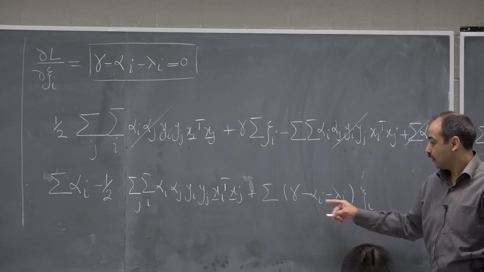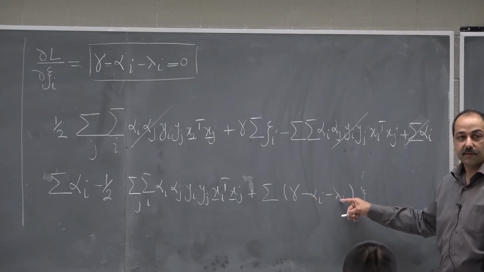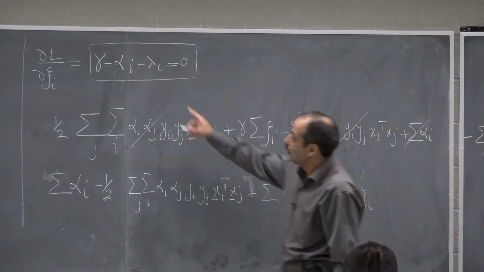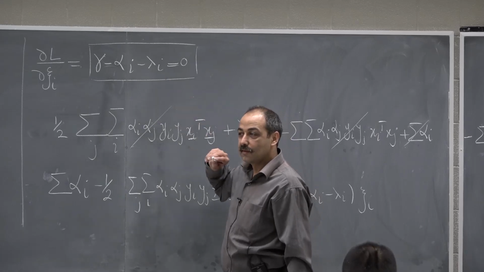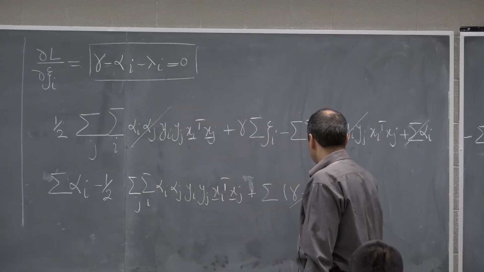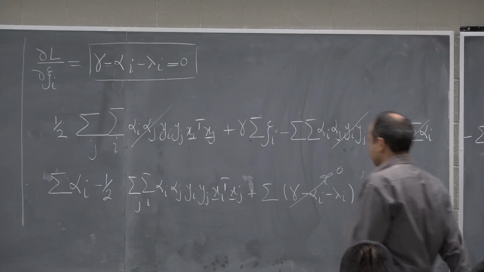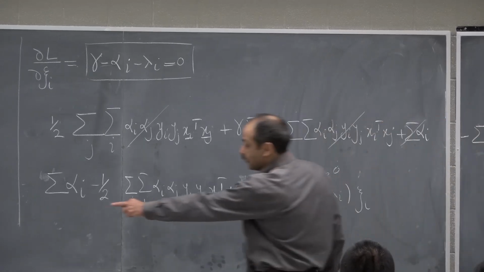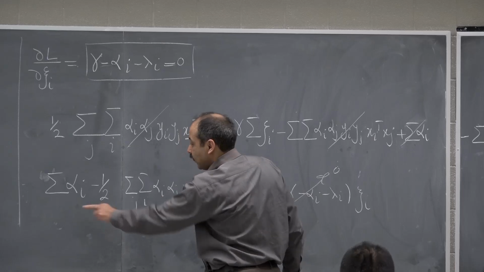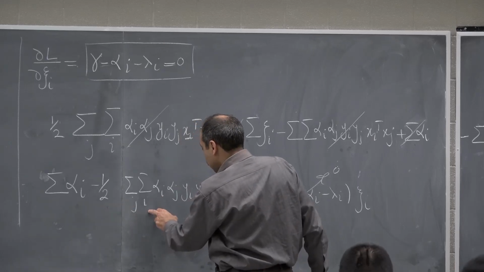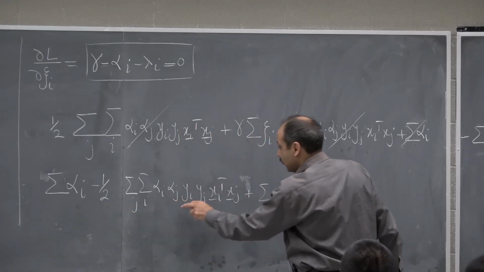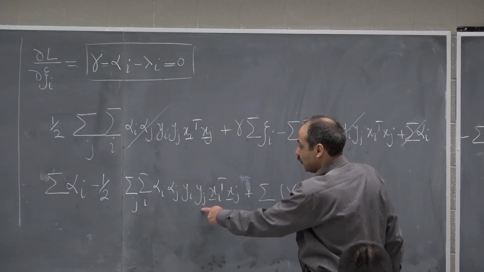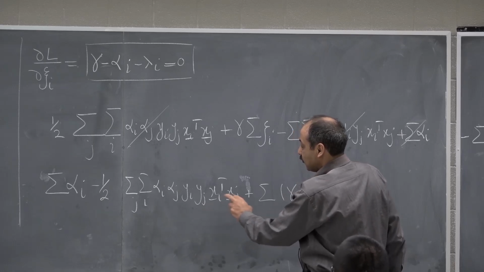This term, gamma minus alpha minus lambda, is 0. So this is 0. So my objective function is sum alpha_i minus 1/2 sum alpha_i alpha_j y_i y_j x_i transpose x_j.